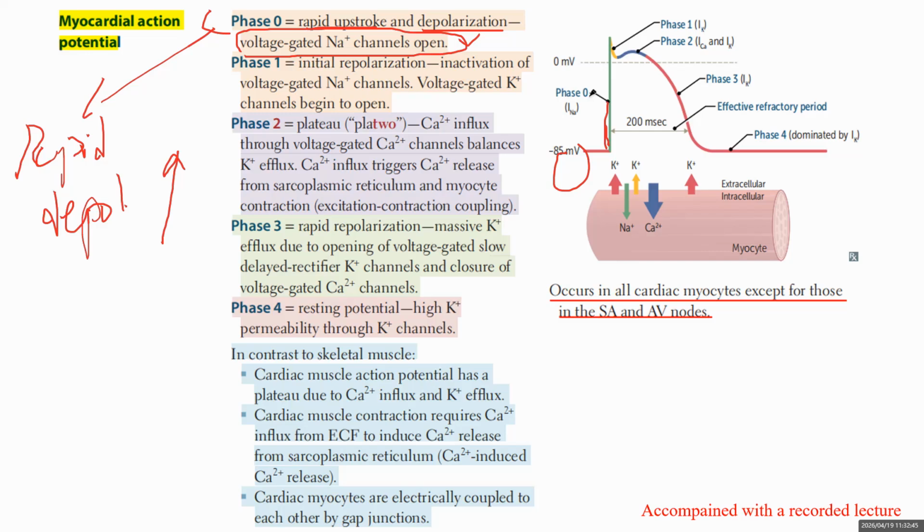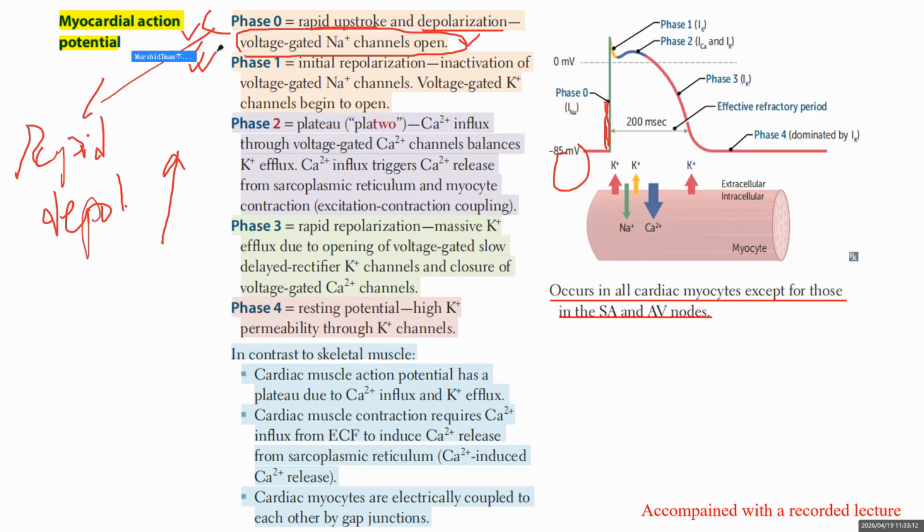Since sodium is a positively charged ion, its rapid entry makes the inside of the cell much less negative and then positive, and this is why the graph shows a steep upward stroke. The sodium enters rapidly and the positive charge enters, so the membrane potential rises sharply.